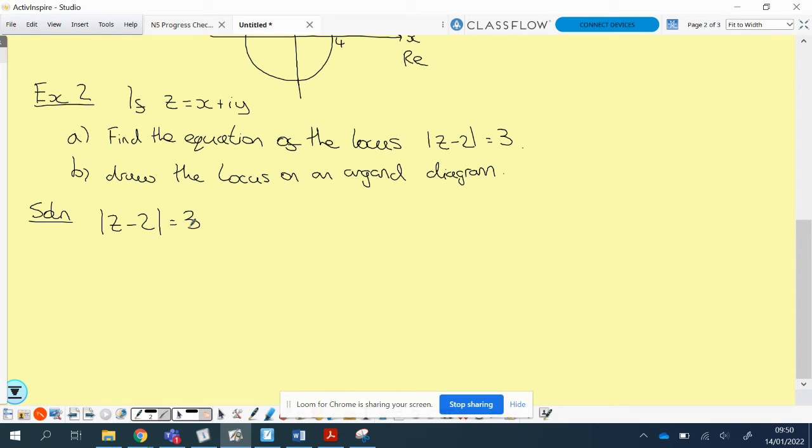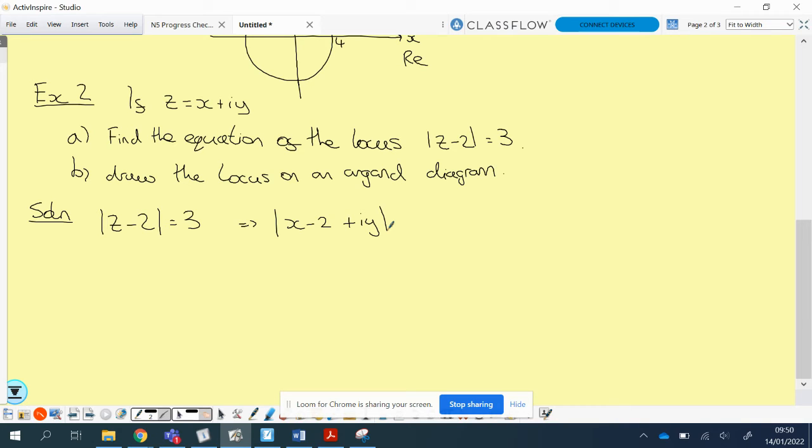I've got to try and find a region for complex numbers such that if I subtract 2 from it, the size would be 3. That's what I'm trying to find here. Now again, we know what z is, so we can write that down as x minus 2 plus iy.